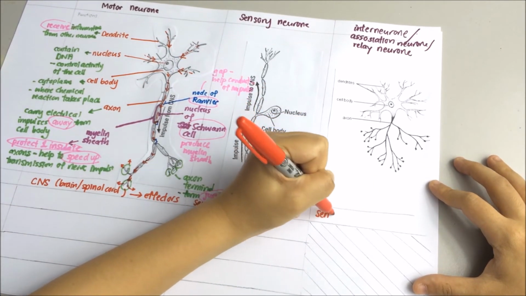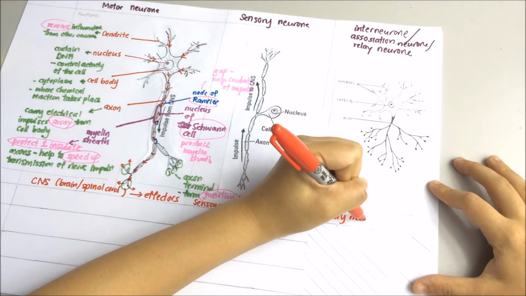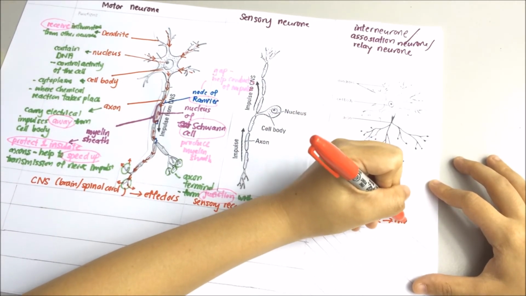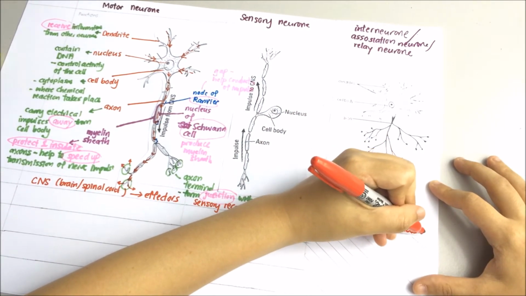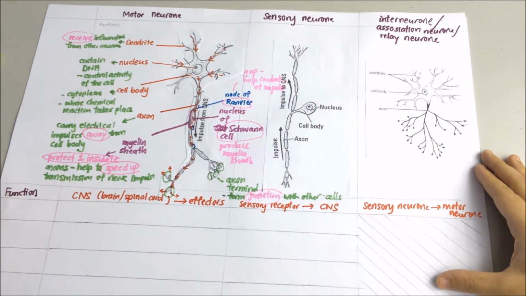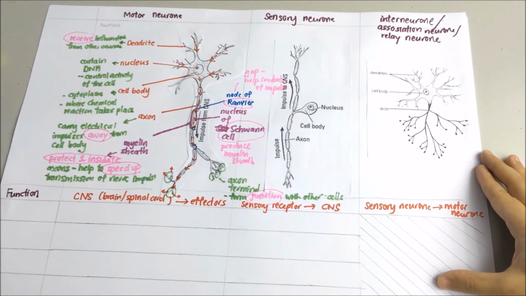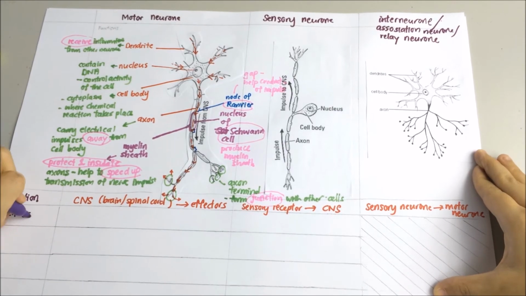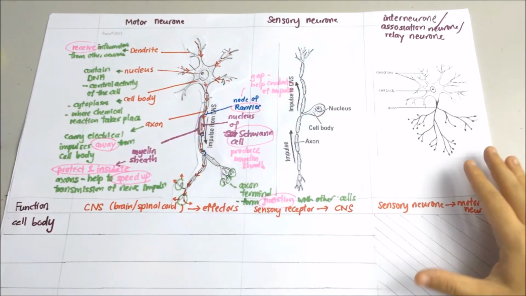It conducts nerve impulses from the sensory receptor to your central nervous system, while your interneuron will transmit nerve impulses between the sensory neuron and motor neuron.